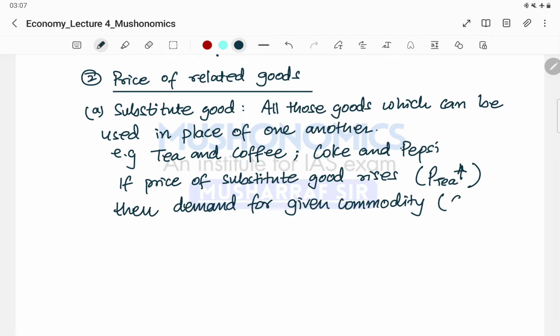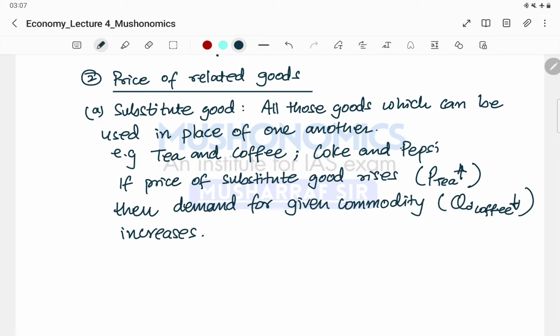Coffee. So the quantity demanded for coffee will decrease, right? Then demand for the given commodity increases.